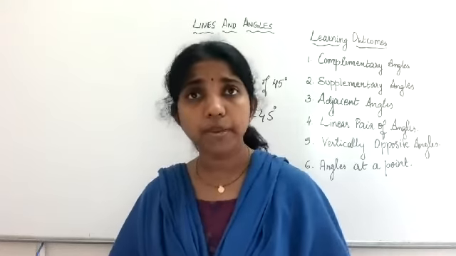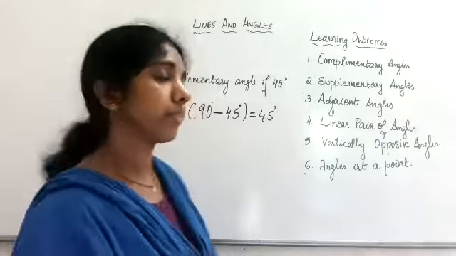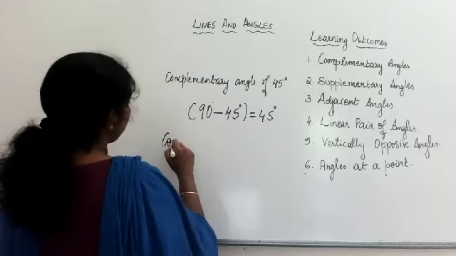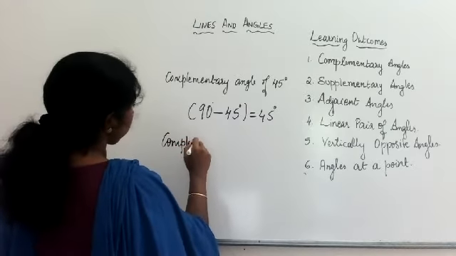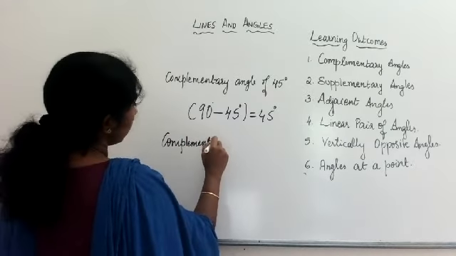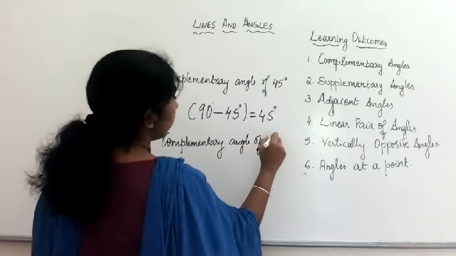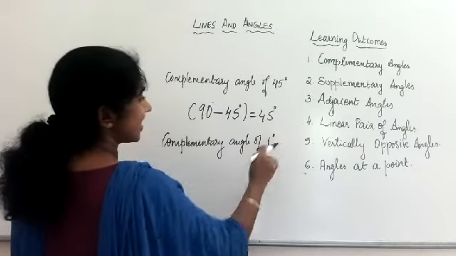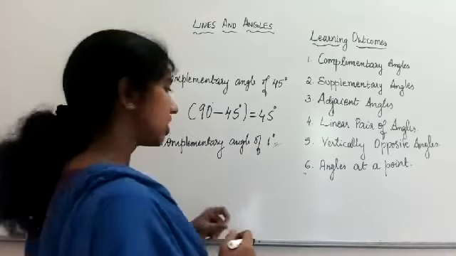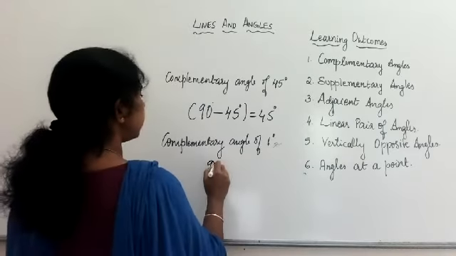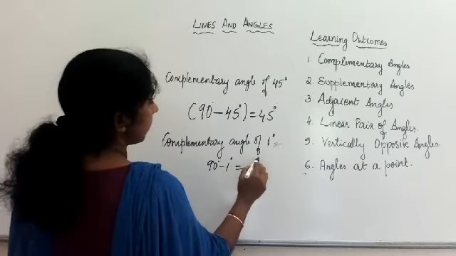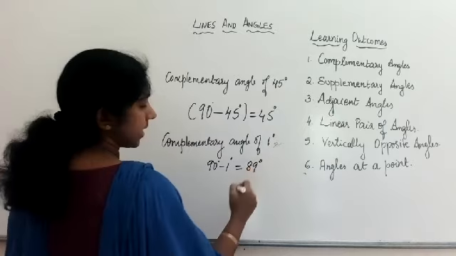What will be the complementary angle of 1 degree? It is again 90 minus 1 degree, so this will be 89 degree.